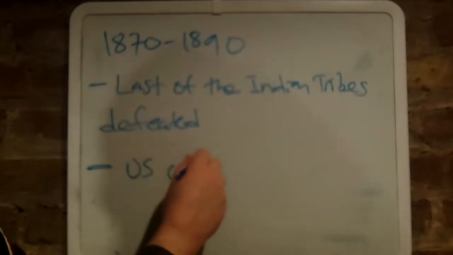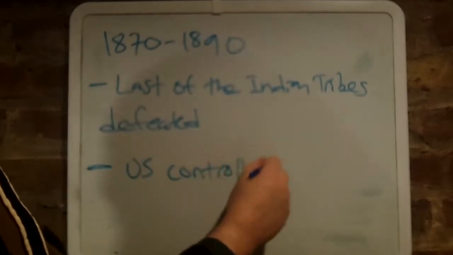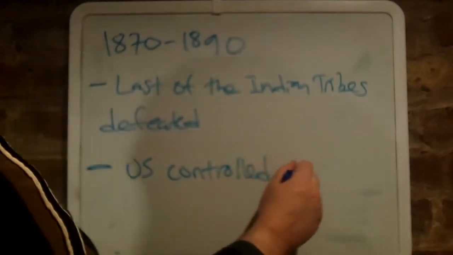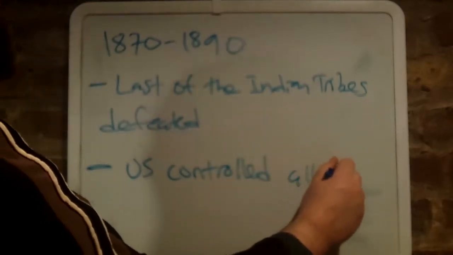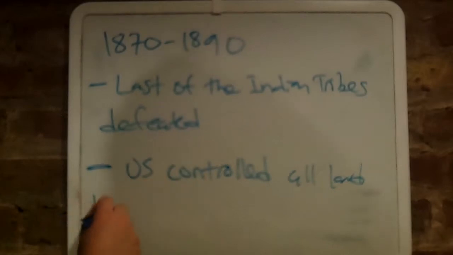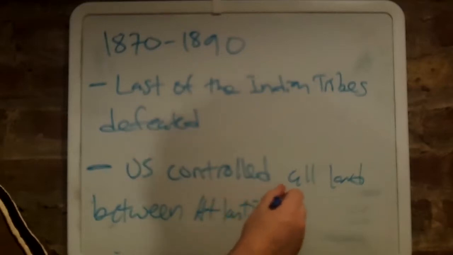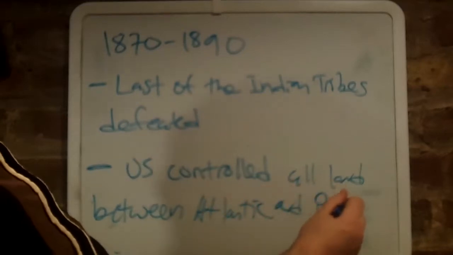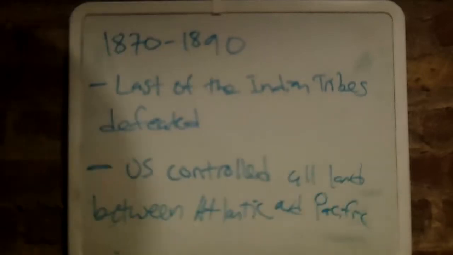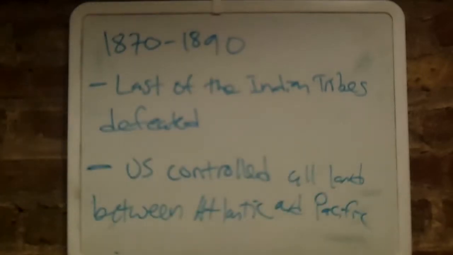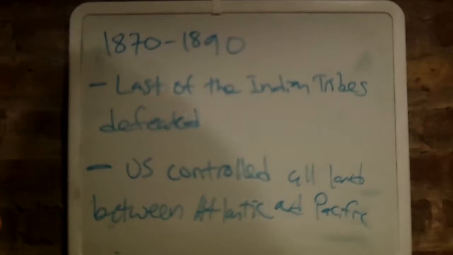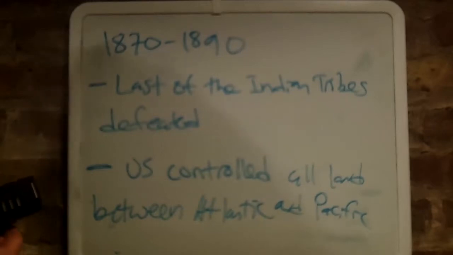U.S. controlled all the land between the oceans. So this takes us to the next period, which lasts about 1890 to 1910.